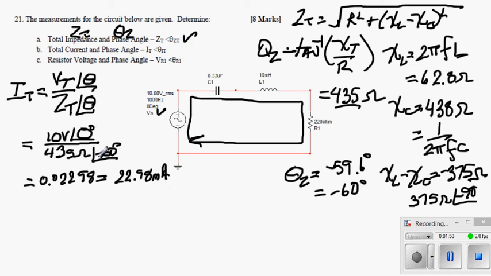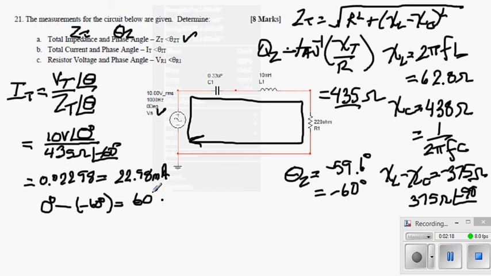Well, since I'm dividing angles, there's a rule of vectors where if you are dividing angles, you take the top angle and you subtract the bottom angle. So the top angle is 0 degrees, and I have to use the subtract formula, and the bottom angle is negative 60. Well, following the rules of algebra, if you have a negative subtracted by a negative, you'll end up with a positive.